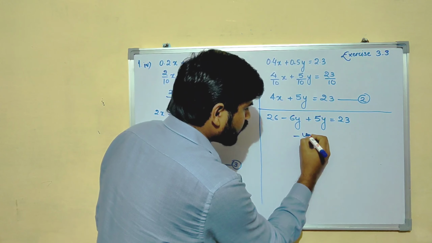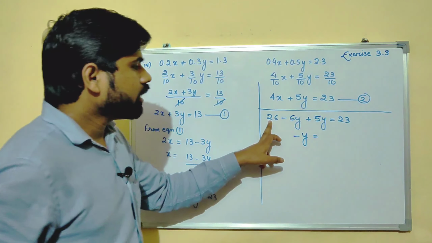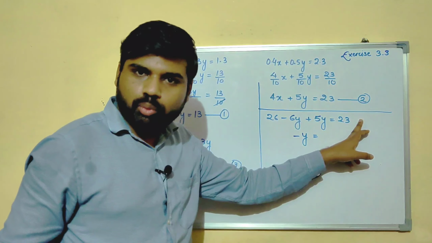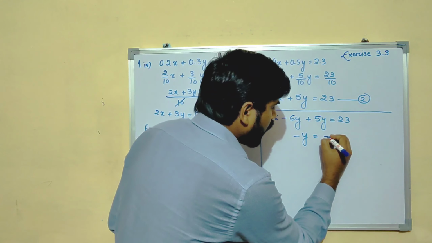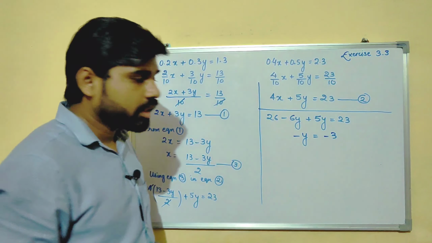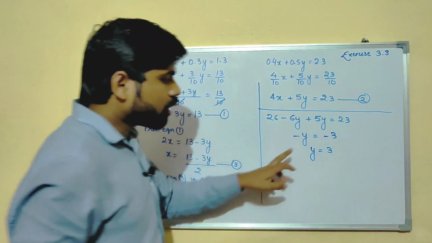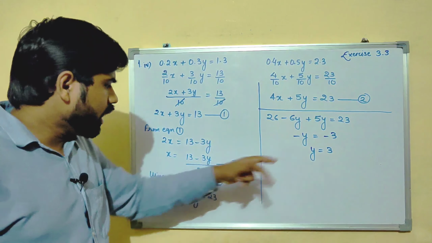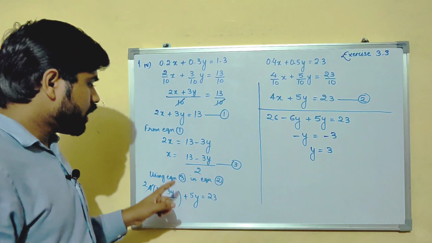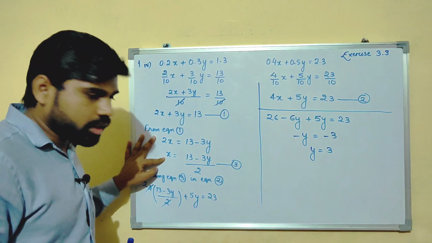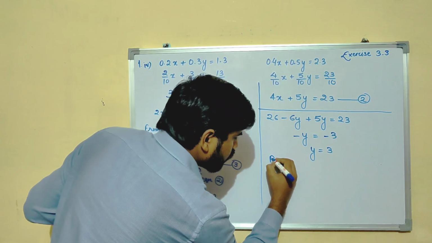You will be left with minus y here, and this 26 will be subtracted from 23. You will be left with minus 3 on the right hand side. That means the value of y will be 3. Okay. Now substitute this value of y in any of the equations. So let's say we are putting the value of y in the third equation.